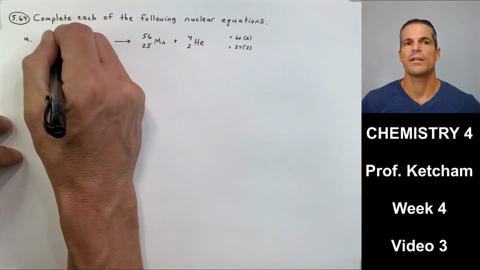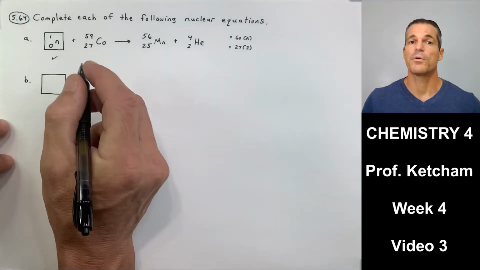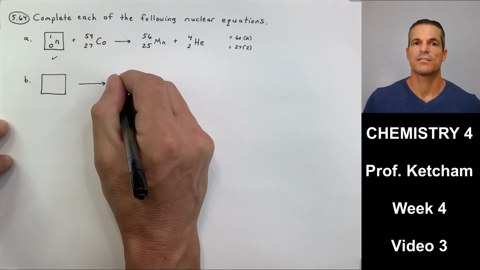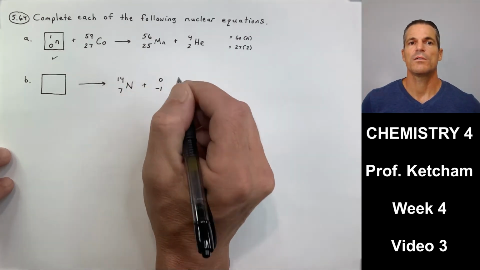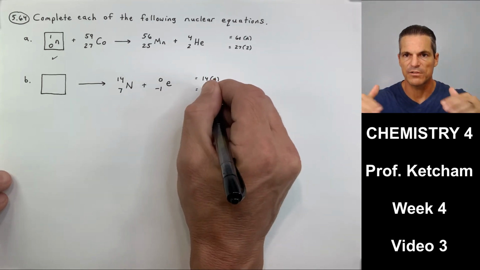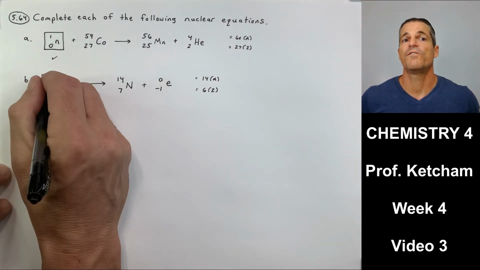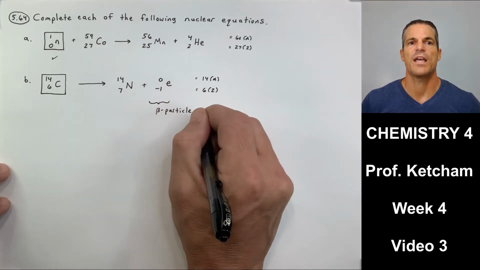Another way to read this is one of the reactants is cobalt-59, one of the products is manganese-56, the other product being helium-4. So you just add up your A's on the left and right-hand side, you add up your Z's, and we have no choice but to fill in a neutron, 1,0 n, as our answer for A.